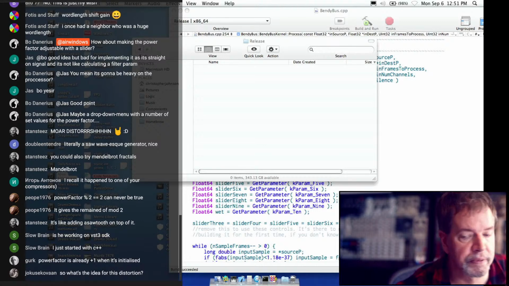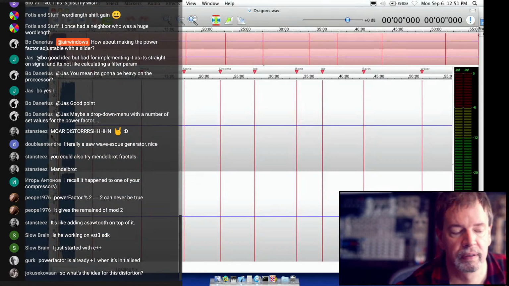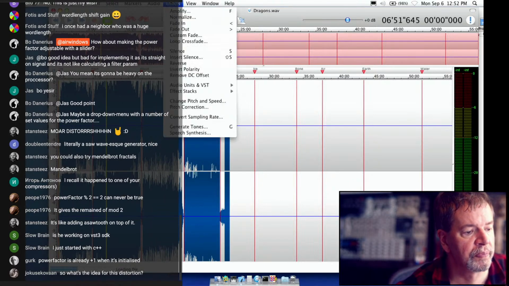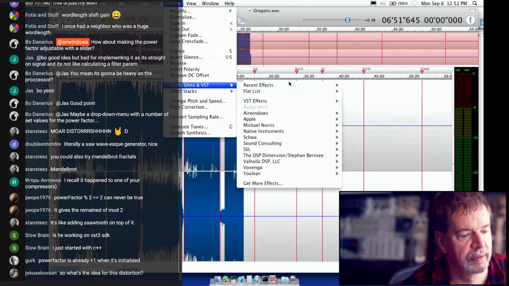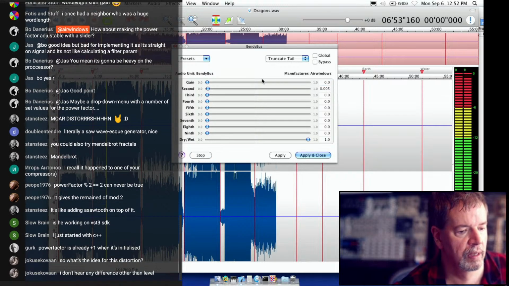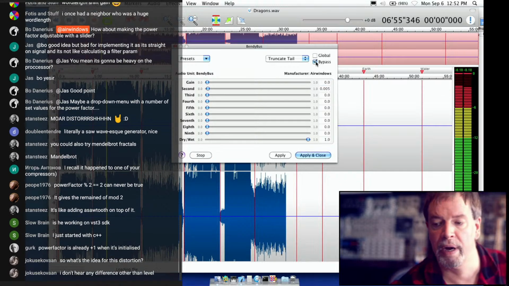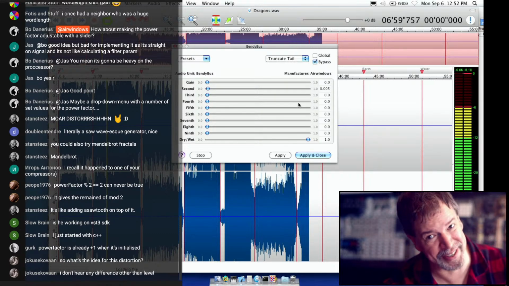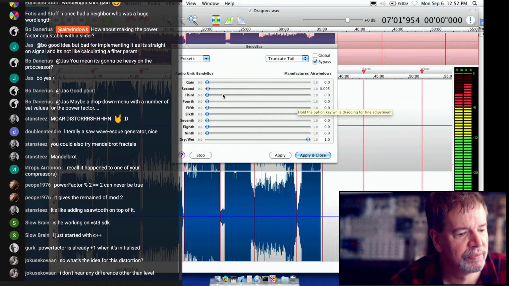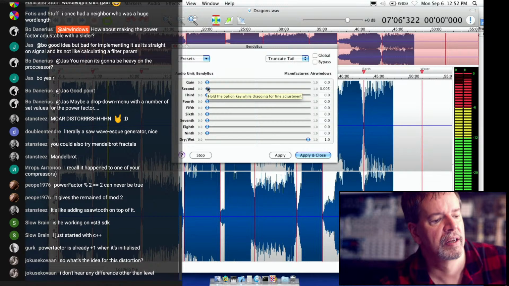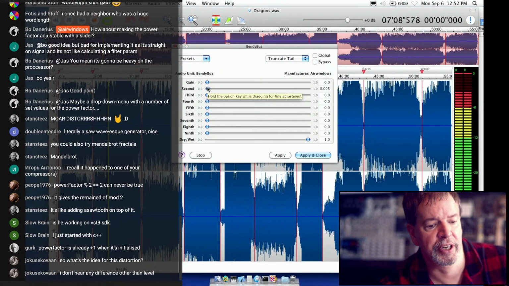Let me pick something else. Maybe a bit of Rain Dragons. Bypass. Exactly. That's exactly the point. Tube effect increase.